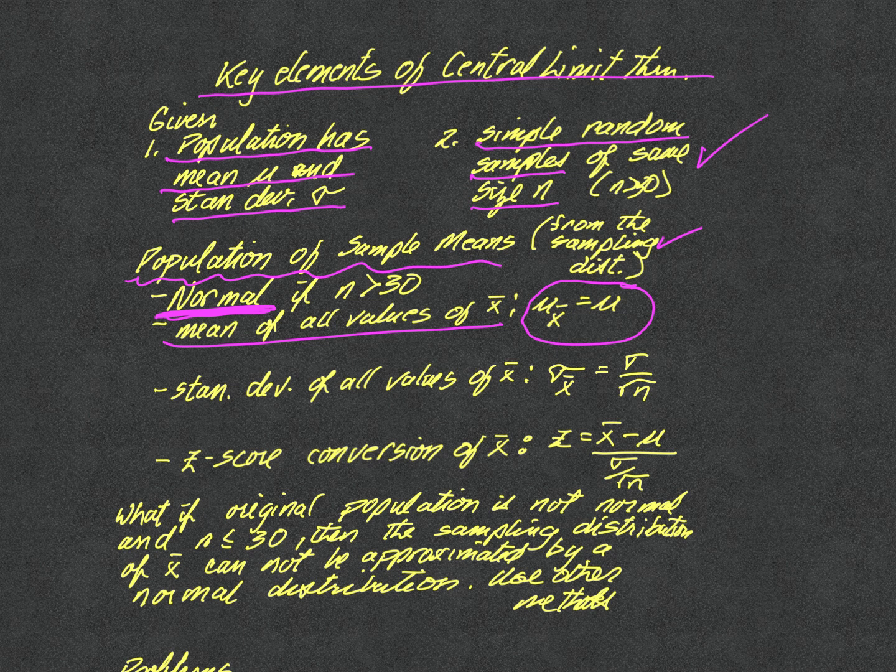Okay? And so here's a new notation. The mean of sample means, which is the mean of a sampling distribution of sample means, is equal to the mean of the population. Okay, that's how you know that notation and what it is and how to be able to read it.